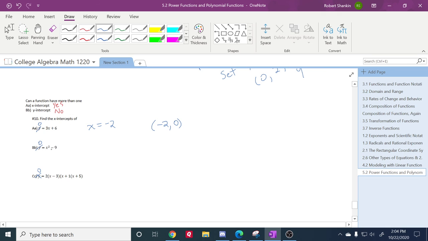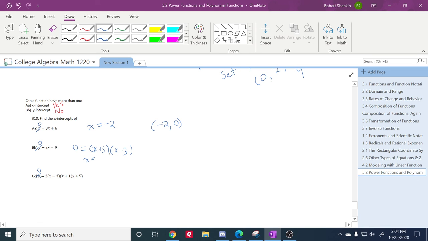In this one, there are a couple ways you could do it, but one way is to factor it. And then you state, well, what values of x will cause these two things to multiply to be 0?